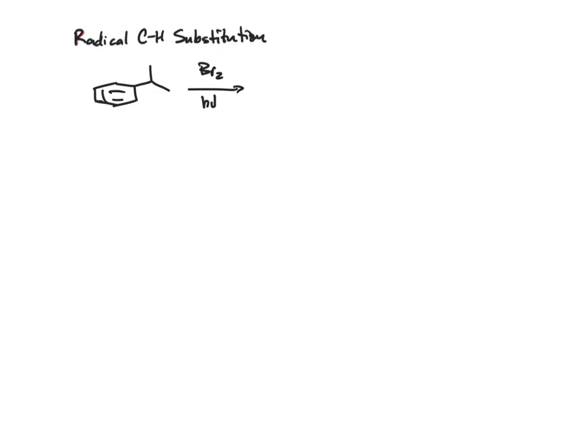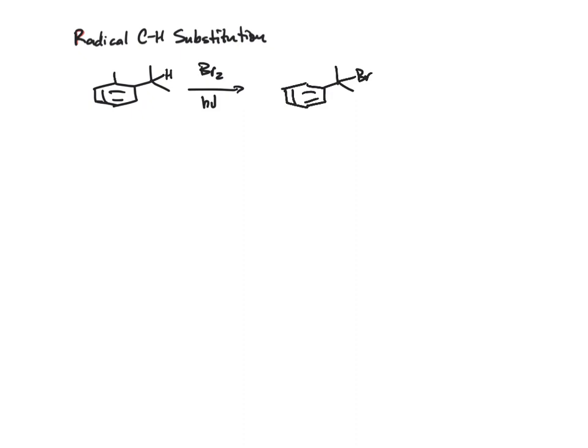So let's go ahead and draw the product and then explain how we got to it. This H here is the one being substituted. So how did we ultimately arrive at that?